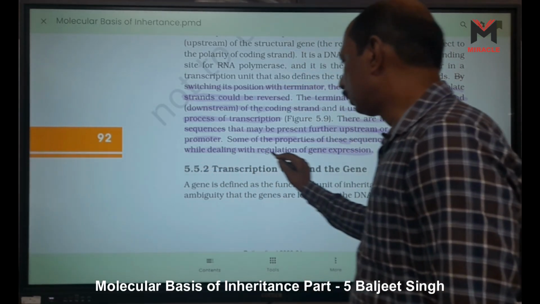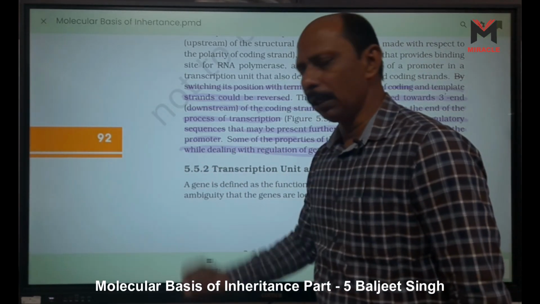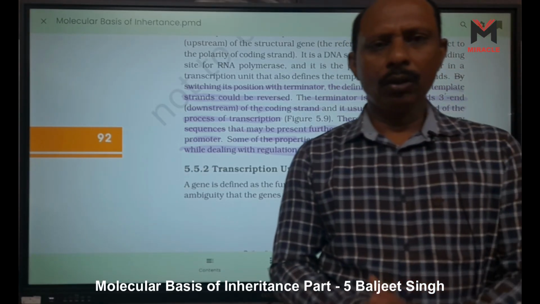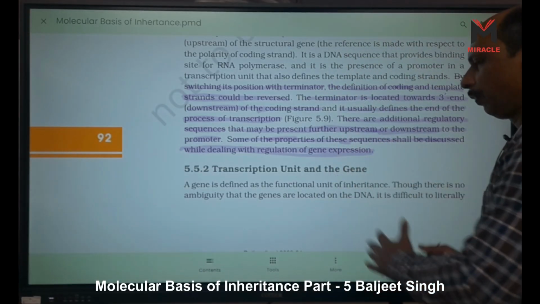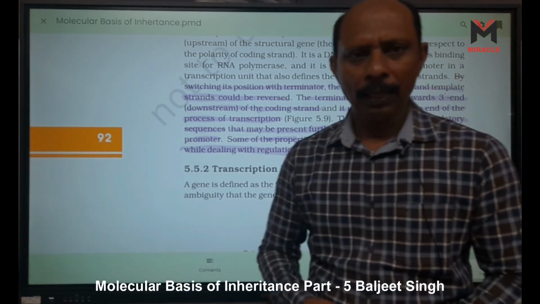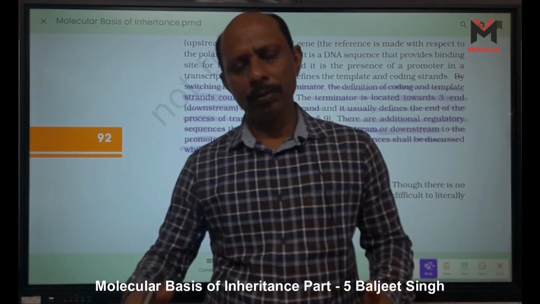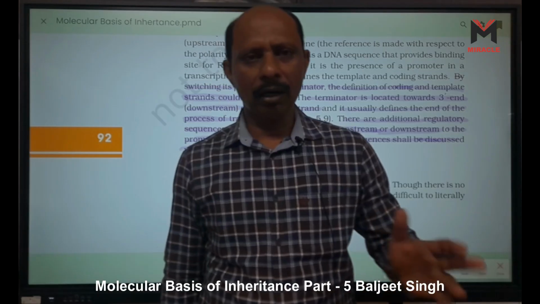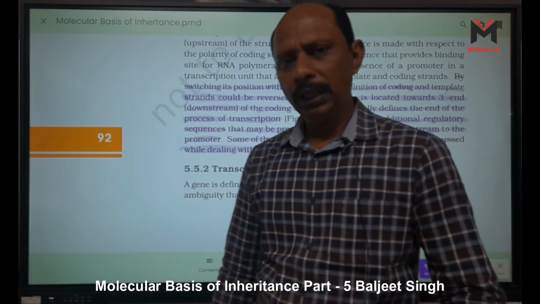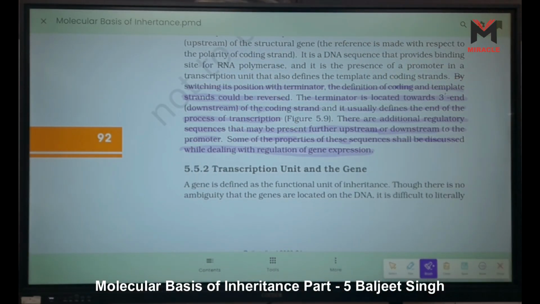When we read the lac operon model, at that time we will understand the function of these. We can say they are non-coding sequences, present before the promoter and after the terminator, so they affect transcription.